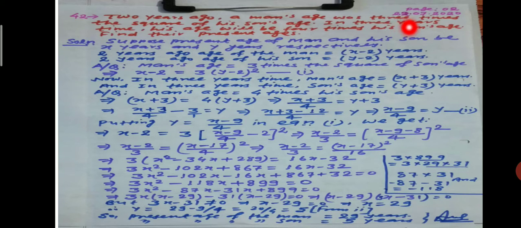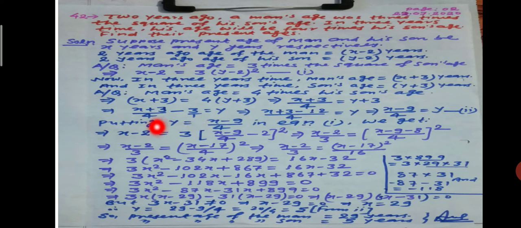Now according to the question, the man's age is 4 times his son's age. So x plus 3 will be equal to 4 times y plus 3 here. This implies that x plus 3, when 4 is transferred to the LHS, it will be divided by 4, is equal to y plus 3. Now x plus 3 by 4 minus 3, when plus 3 is transferred to the LHS it will be minus 3, will be equal to y.